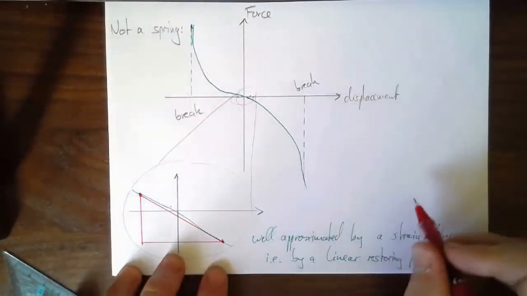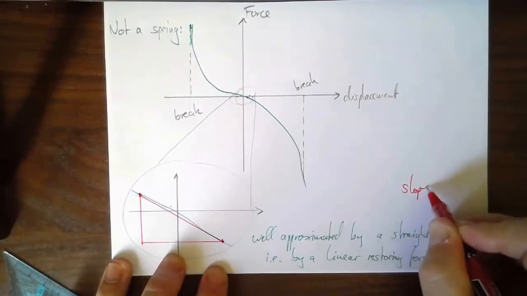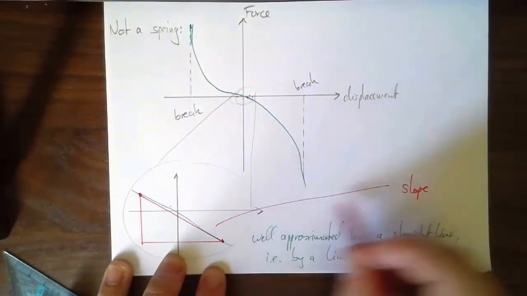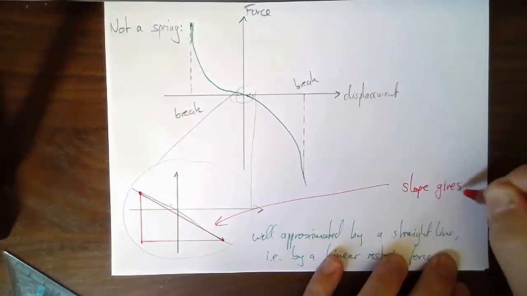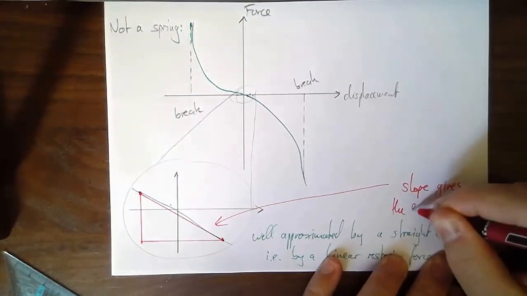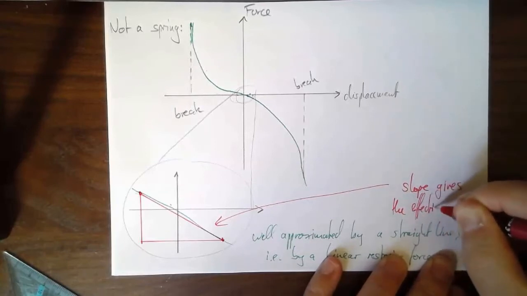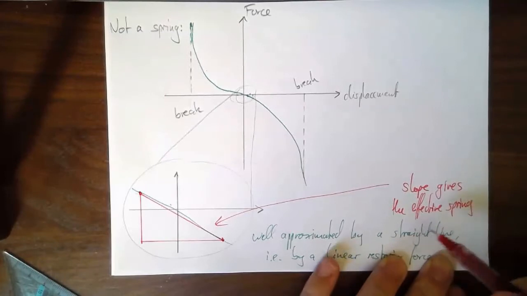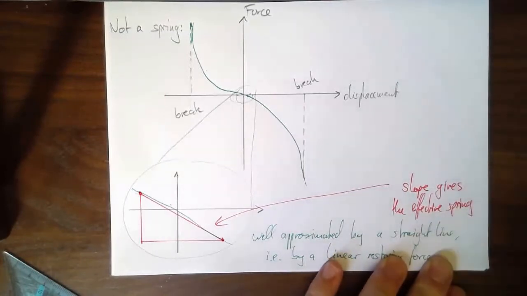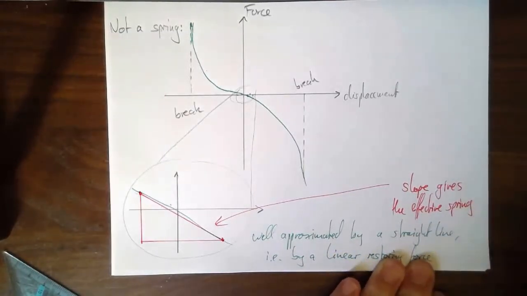The slope gives the effective spring constant. It's called effective because it's not literally a spring constant, but it acts like one.